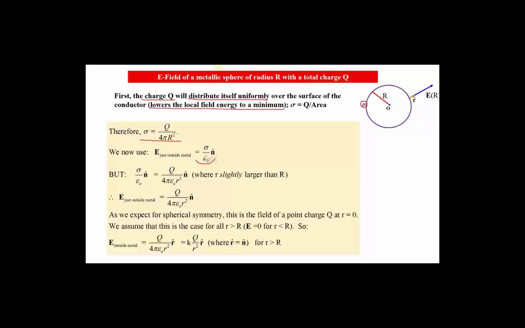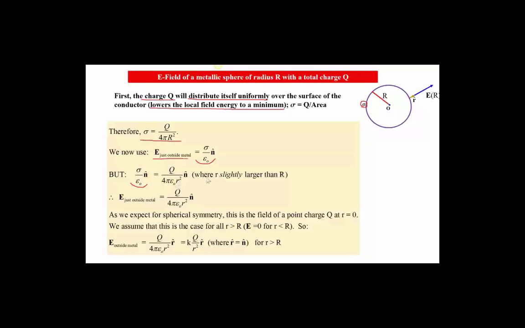If we equate these in terms of the charge density, putting that in right here, we can show then that sigma over epsilon naught n is equal to Q over 4 pi epsilon naught r squared n hat. So all we're doing is putting this quantity right here into this equation right here, and remember that this is the E field just outside the metal.